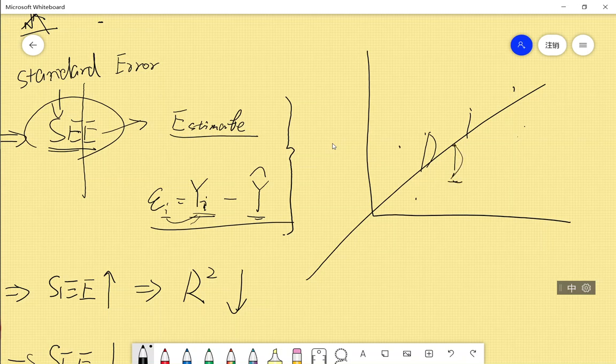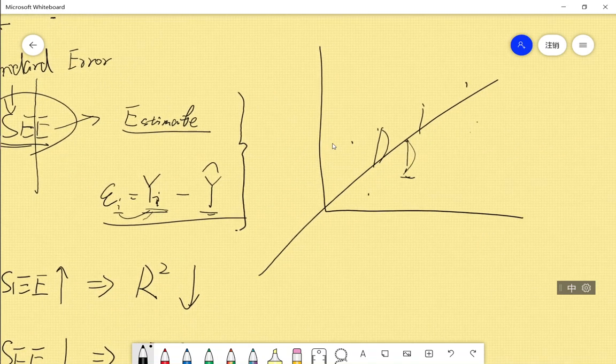So that's the basic of regression. I'm not going too deep into that. I'm just drawing a graph that may serve as a trigger to help you review when you read the book, or trigger the memory of when you learned this subject.